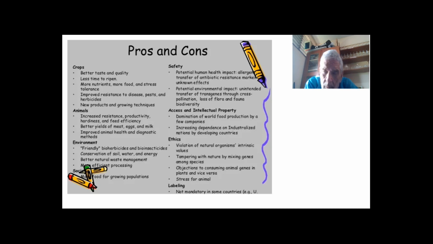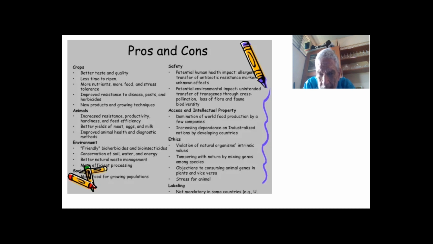Another con, of course, is that genetically modified crops have intellectual property rights, and therefore, if you want to use them, you've got to pay money. So there's a problem there. And therefore, there's a domination of world food production by a few companies.